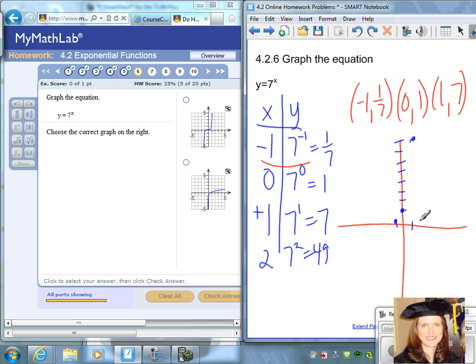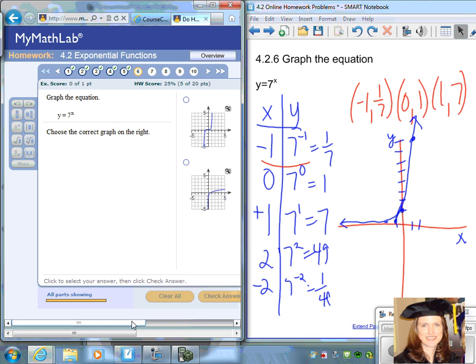If you try plugging in 2 and graphing it, it's going to be so far up the page. It really gets high there. And you can plug in other values for x, for example, 7 to the -2 power. That's going to be 1 over 49. It's going to be really, really close. So the graph will tend to flatten out on the x-axis and then grow exponentially.